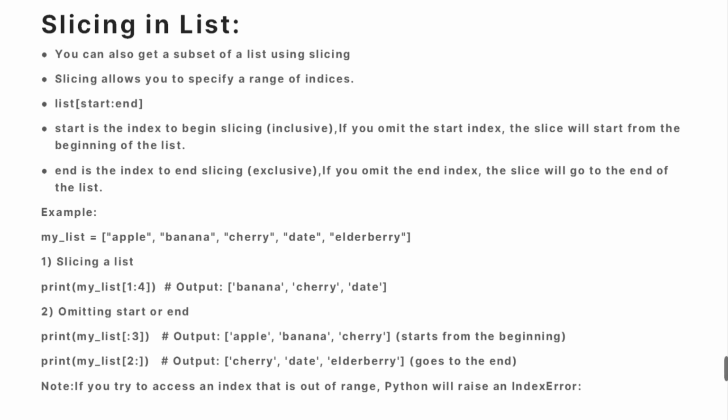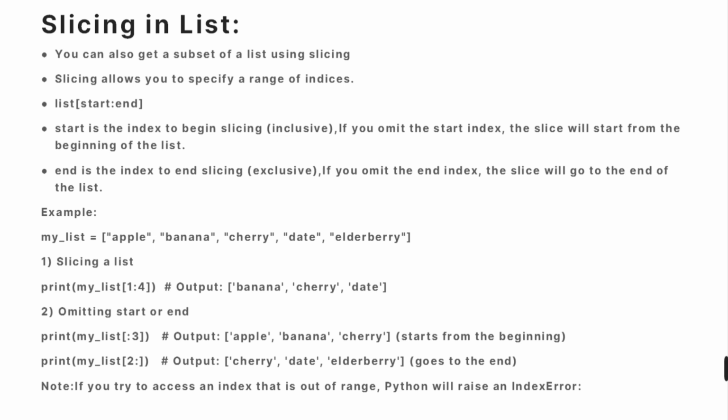Next, the extended version, slicing in Python. Slicing is very helpful to access a subset of a particular list. In slicing, we have to specify the start index and the end index. Start means where we have to start accessing the elements, and end index means where exactly we have to stop.